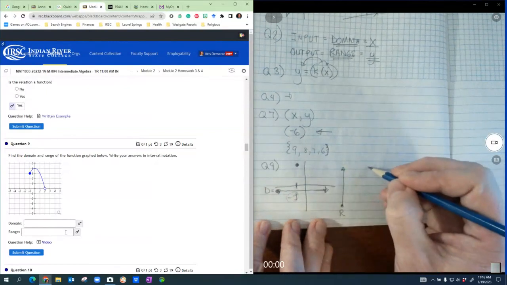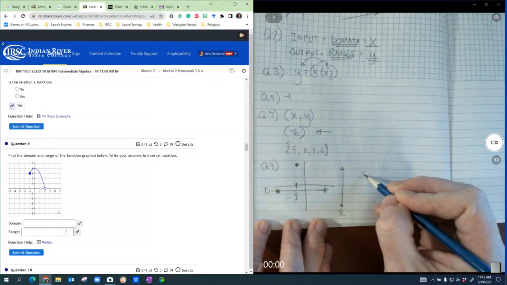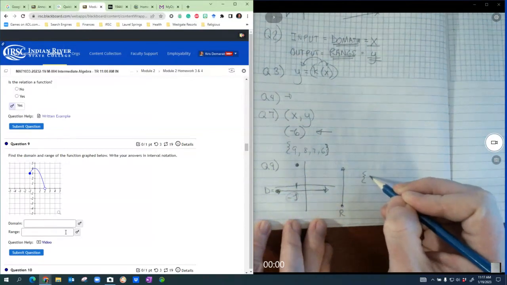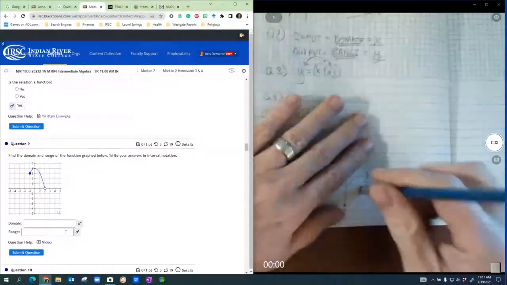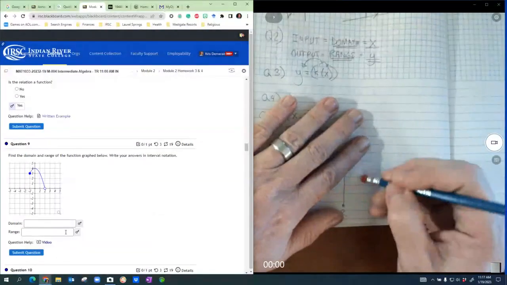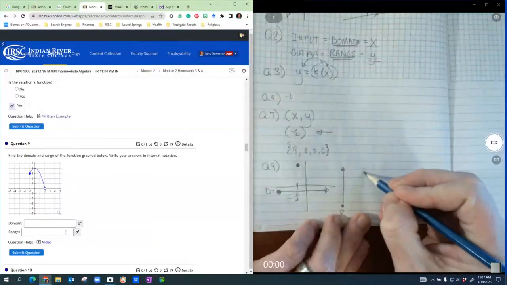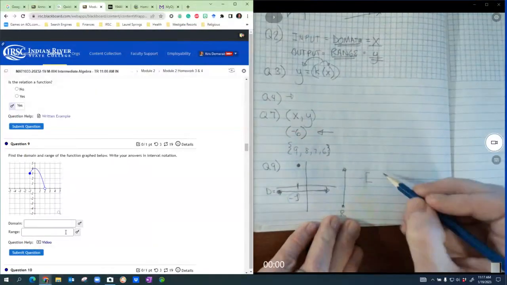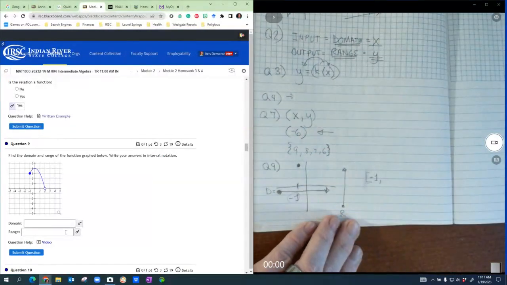Okay, so the way you do it, you state your domain, it goes from -1. Now, I think they want it in interval notation. Yes, see it in the instructions, this is interval notation. So we want to put a bracket at the value of -1, and then we go to 2.